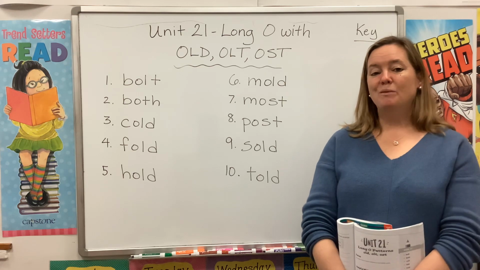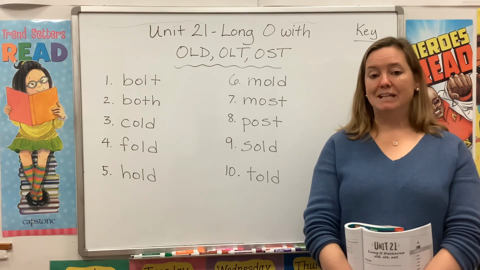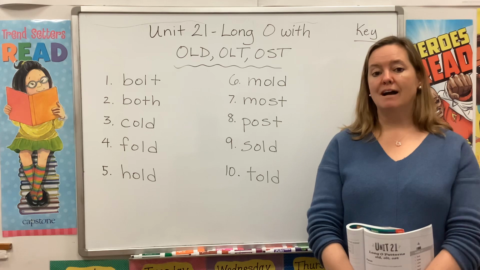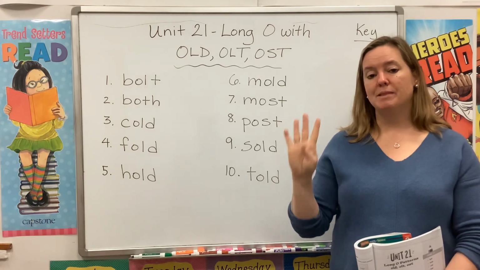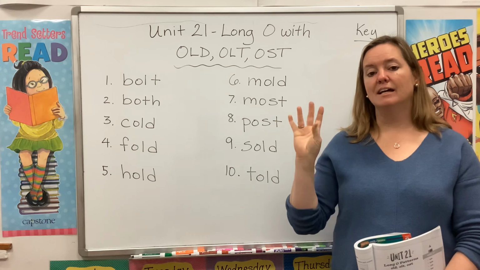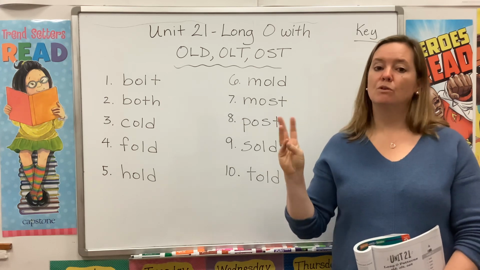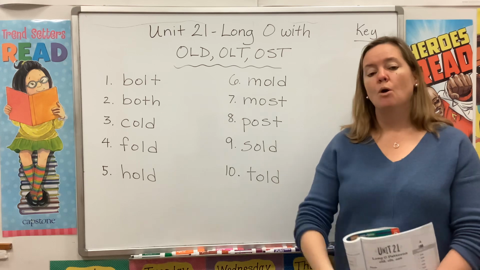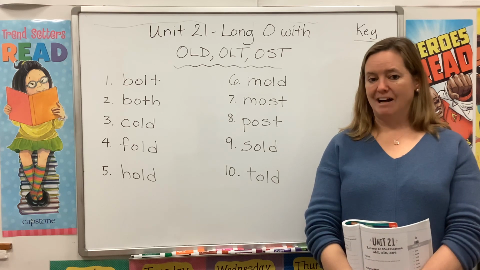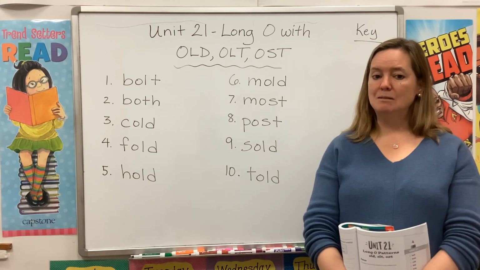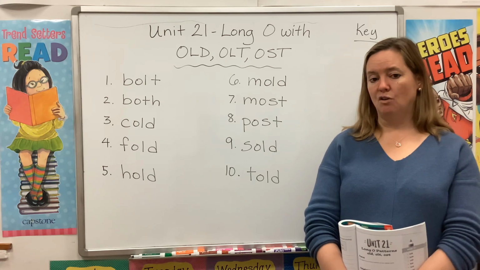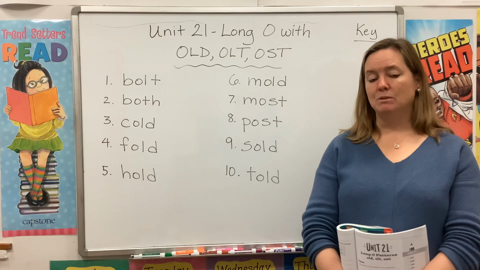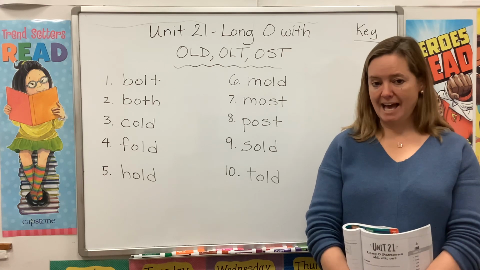All right, so we have spent several weeks now learning about long vowels. We know there are 5 long vowel sounds: A, E, I, O, and U, or sometimes oo. We learned how to make a long A by using vowel teams like AY and AI. We learned how to make long E by using vowel teams like EE and EA.